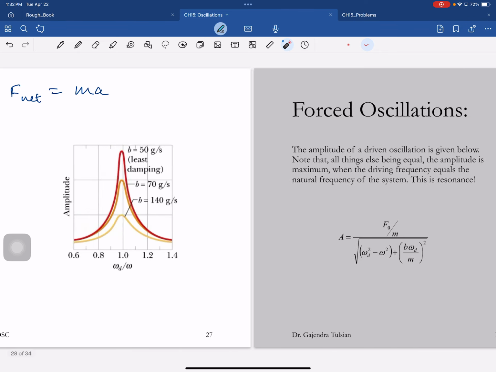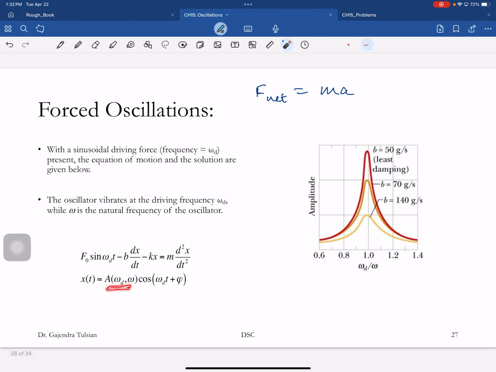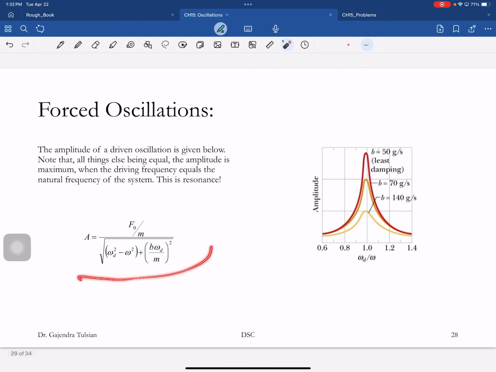So here is this amplitude as a function of the driving frequency and its natural frequency. There's the amplitude of the force, there's the mass attached, the driving frequency, the natural frequency, and this term. Notice the amplitude is largest when the driving frequency matches the natural frequency.